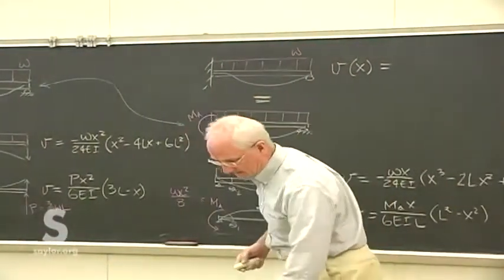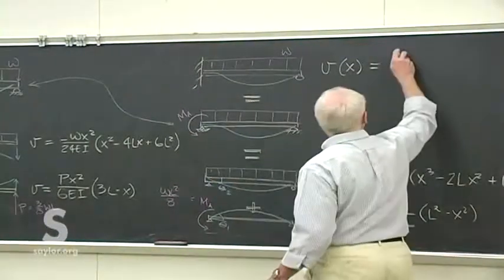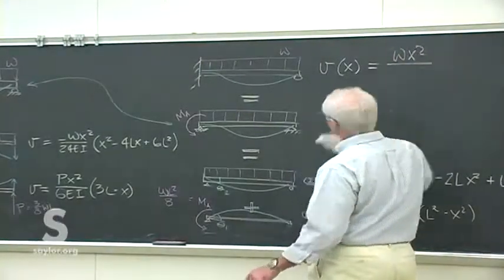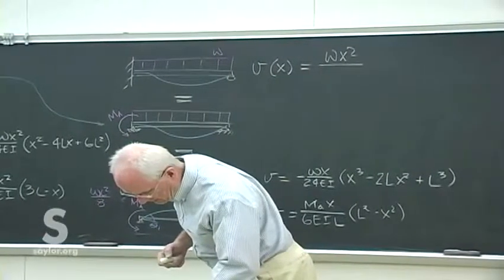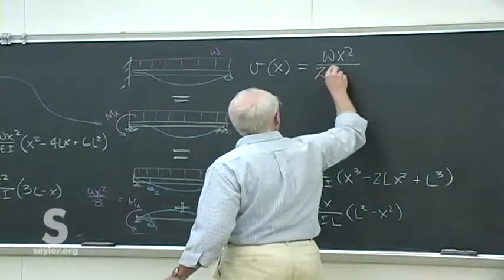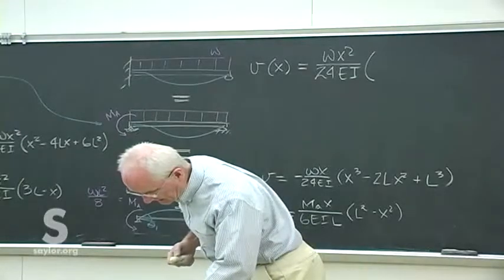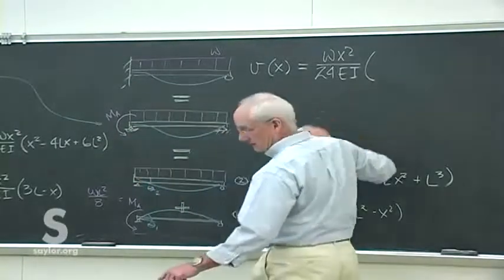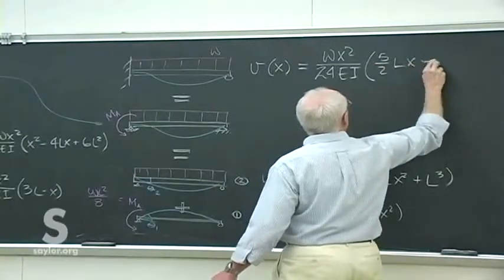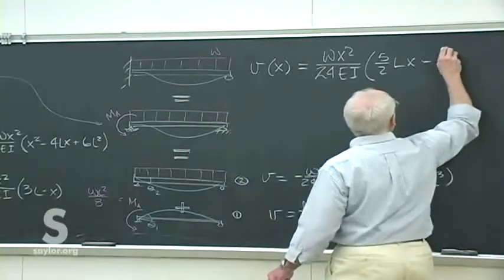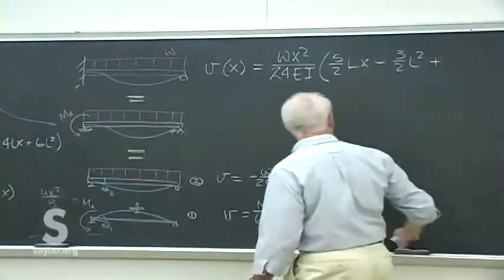As a function of x, it should look like wx squared over 24 EI. And then depending on which one you put first and what you do with your algebra, 5/2 Lx minus 3/2 L squared minus x squared.